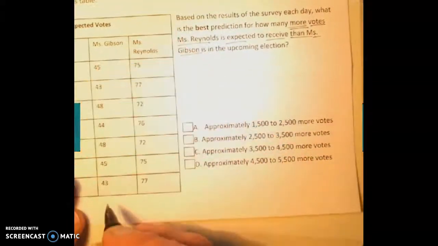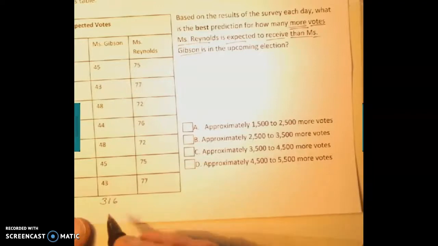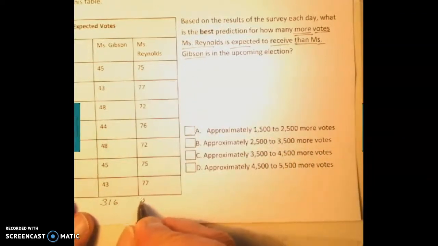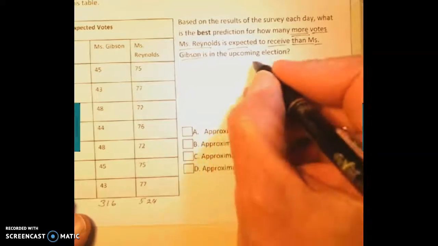So add these numbers up, and I believe you get 316 people over those 7 days said they would vote for Ms. Gibson. Ms. Reynolds, add those up, and I came up with 524 people said they would vote for Ms. Reynolds.